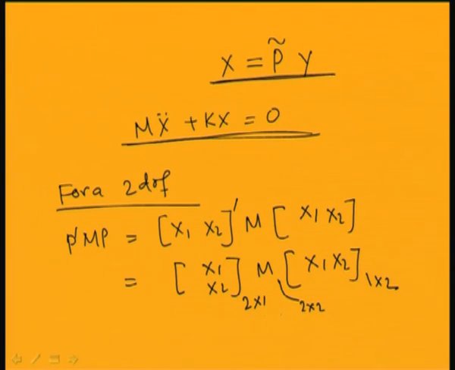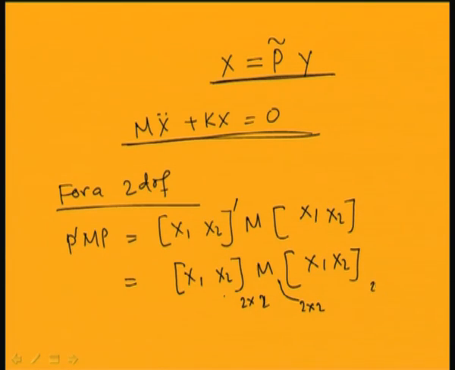So, the transpose of x1 x2 times m times x1 x2: each of these is a 2 by 2 matrix.